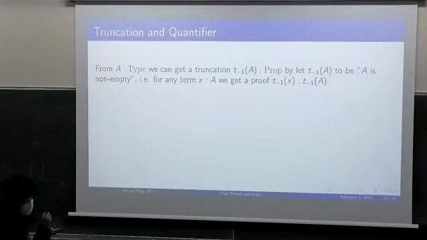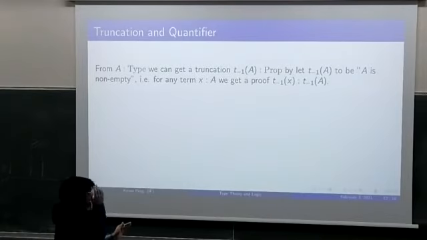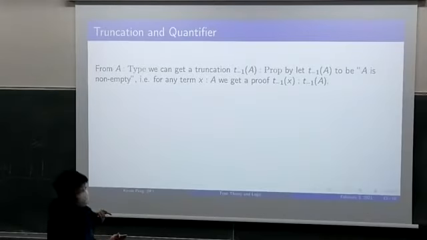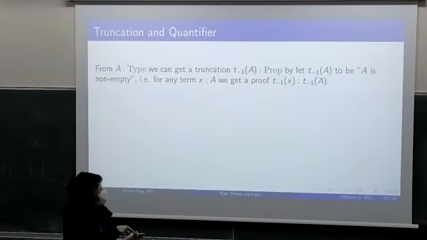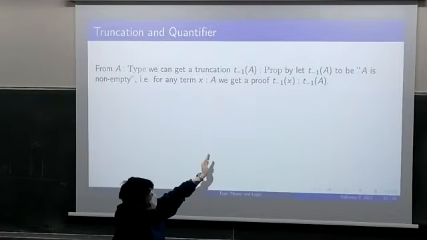Not all spaces, not all terms are propositions, but we can somehow get a truncation from every type to a proposition. I mean, the t minus 1 is called a truncation.